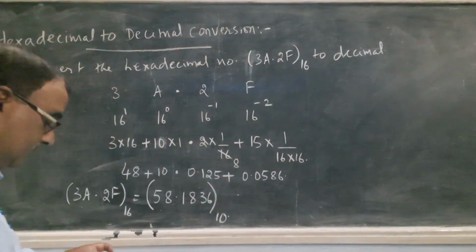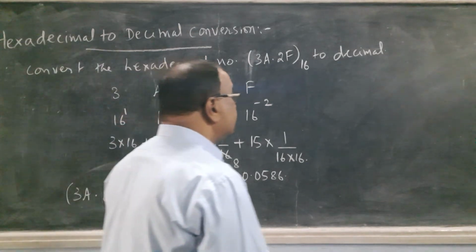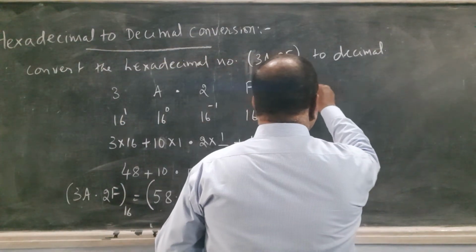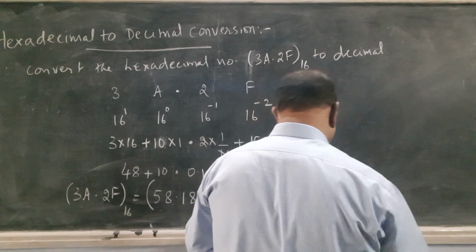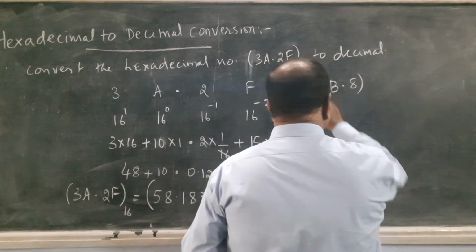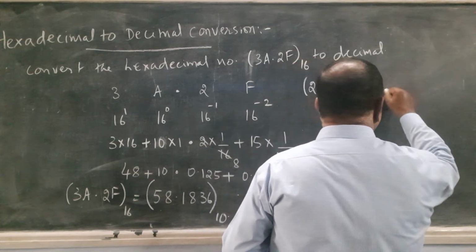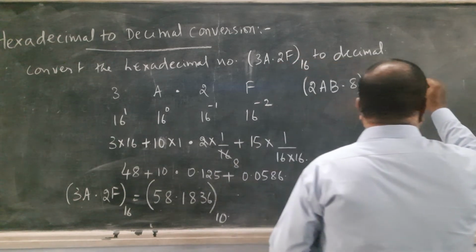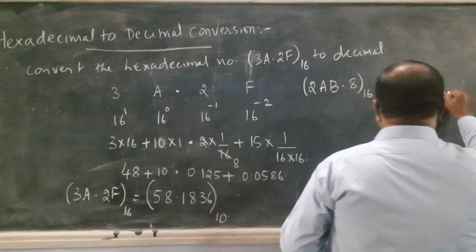Now let me take one more example. 2AB.8, right? So this is a hexadecimal number. Convert this into a decimal number.